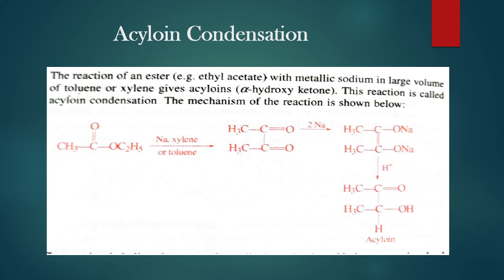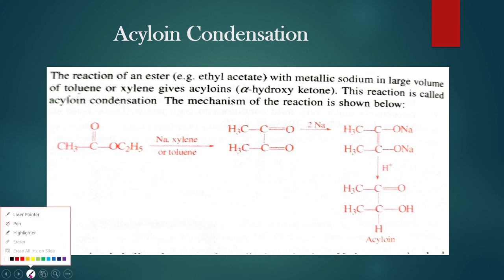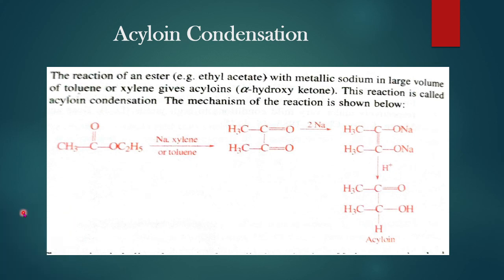Coming to the acyloin condensation, the reaction of an ester, for example, ethyl acetate, that is CH3COOC2H5, in the presence of sodium in xylene or toluene, will be converted to the molecule like this. The structure is CH3COCOCH3.